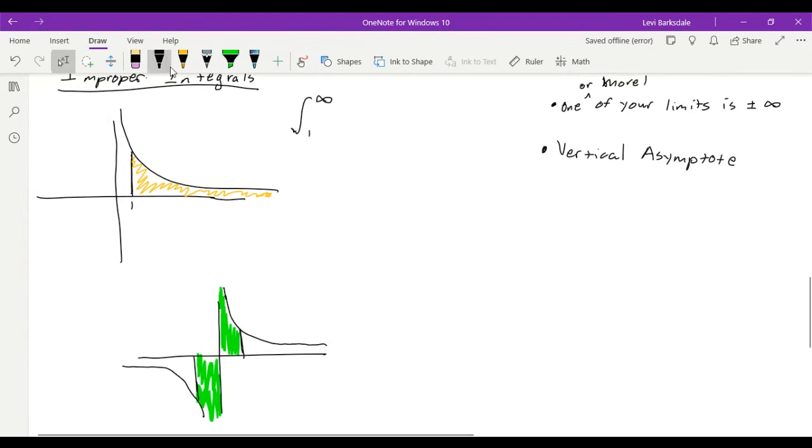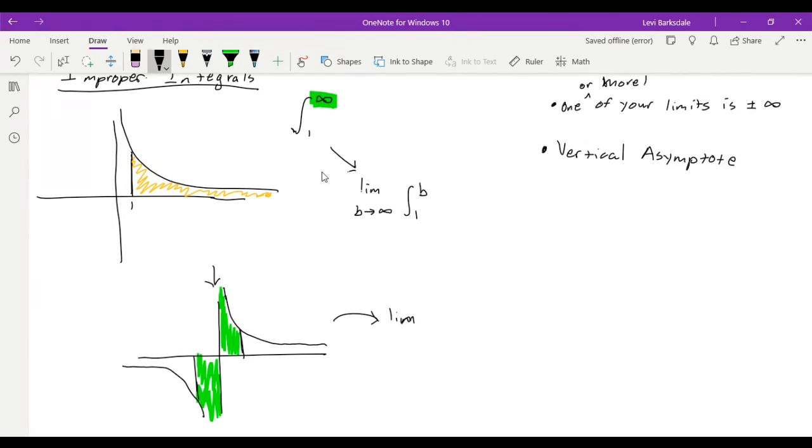So for example, in this first problem, our problem spot is having this limit of integration as infinity. We could rewrite this as the limit as b goes to infinity, integral from 1 up to b. And in the second integral, our problem spot is this 0 vertical asymptote.